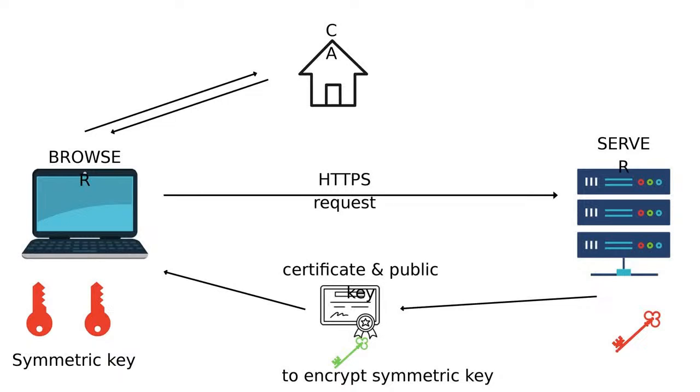So if the CA approves, what's going to happen is that the browser is going to use the public key that came with the certificate to encrypt its symmetric key. Before I proceed, let me give a quick overview of what a symmetric and an asymmetric key is. A symmetric key is just a key that is used to encrypt and decrypt data, right?